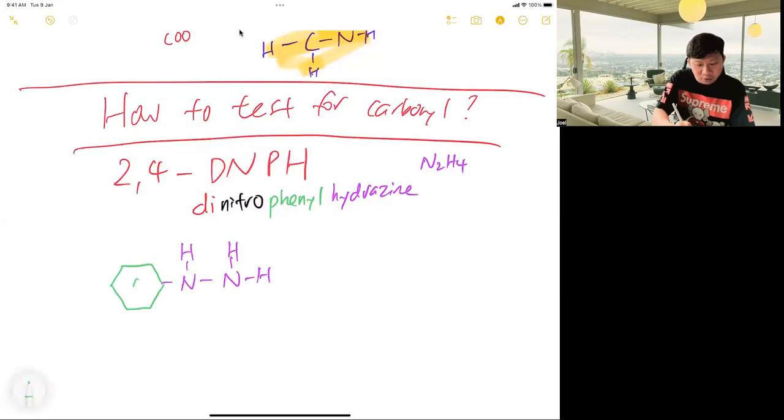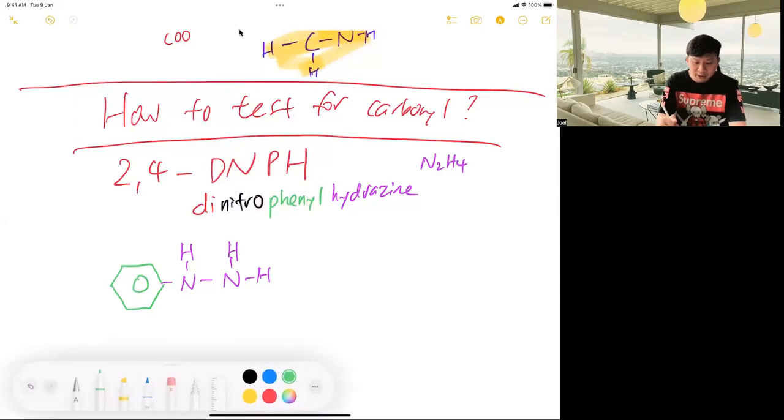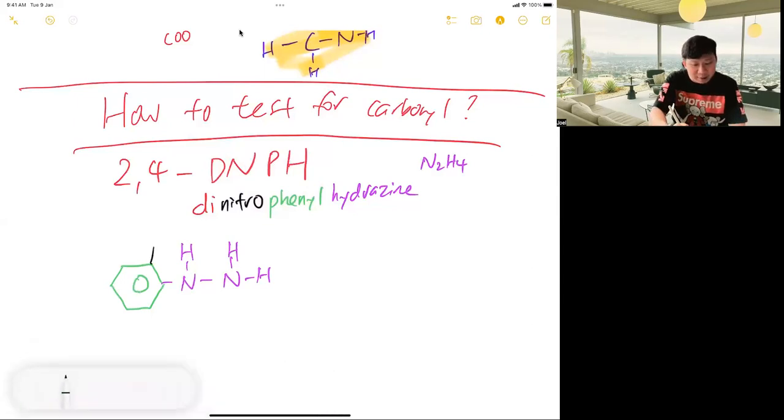Phenyl and phenol are totally different. Recently I never see it coming out in exams, but I think it's good to know in case. Nitro, right? So dinitro is two nitro groups on the second and fourth carbon. So if I break it down, it's no big deal.